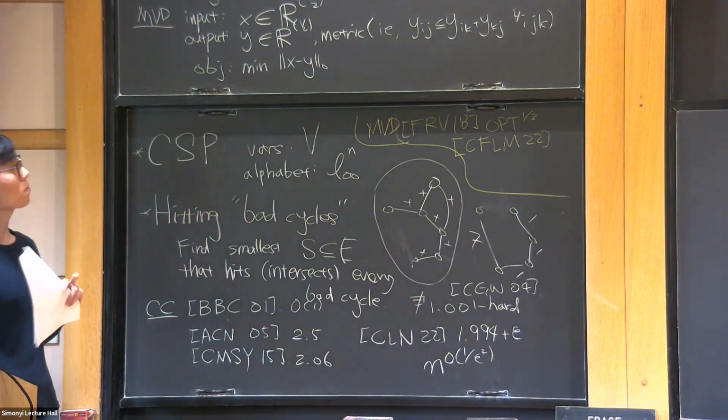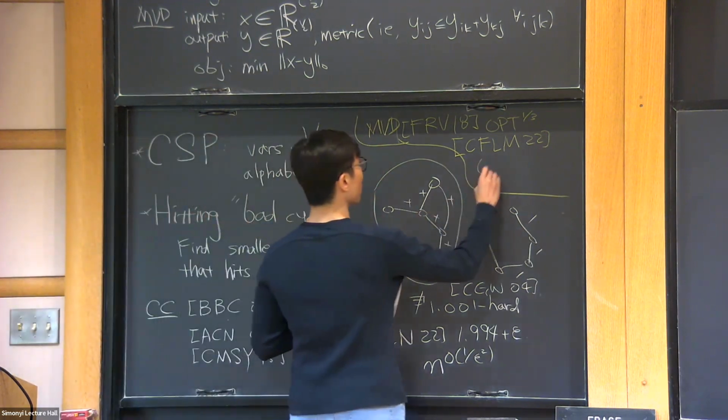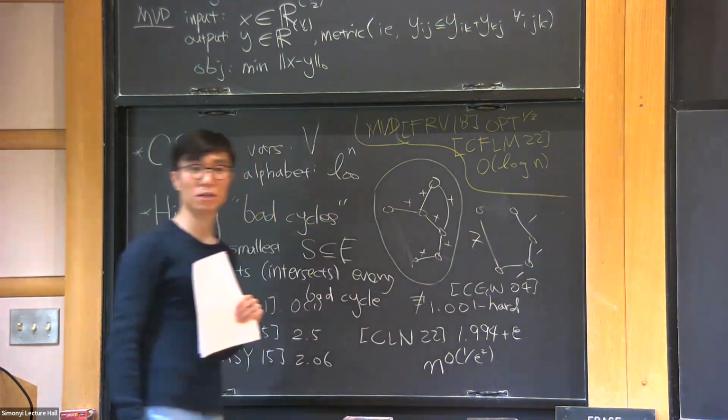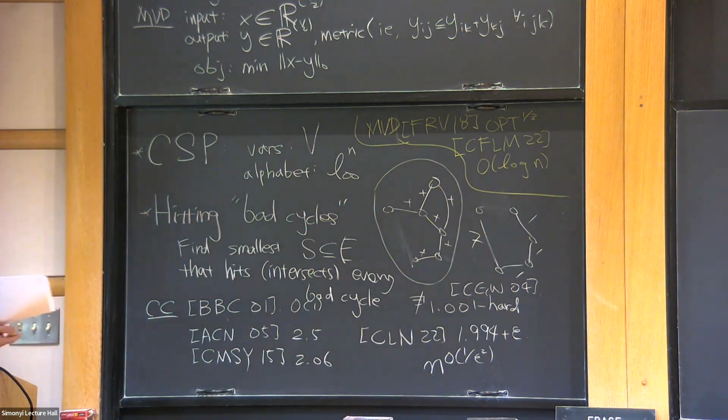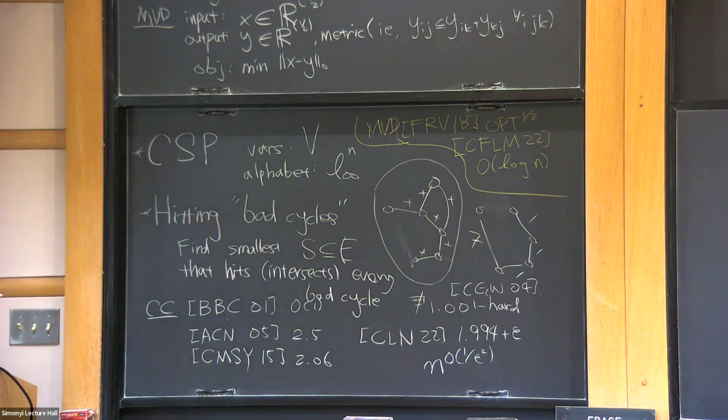The approximation ratio we got for this problem is order log n, which is an exponential improvement over this opt to the 1/3 approximation. So opt to the 1/3 is the ratio, right? Opt to the 4/3. Yeah, exactly.